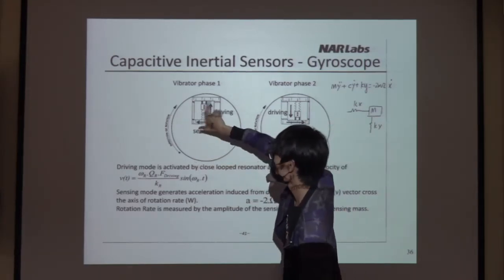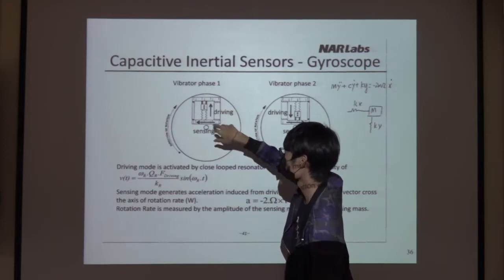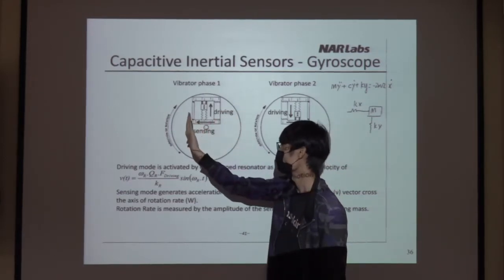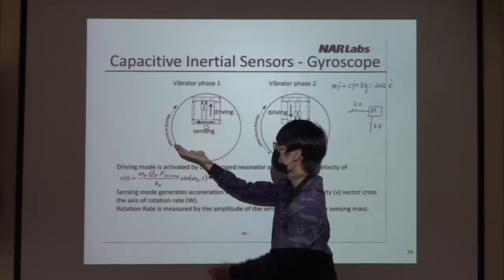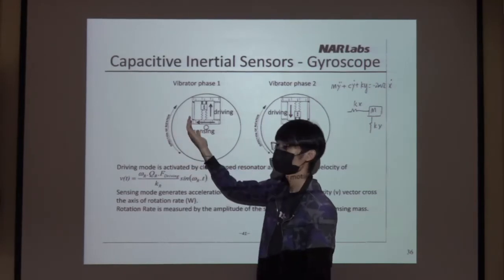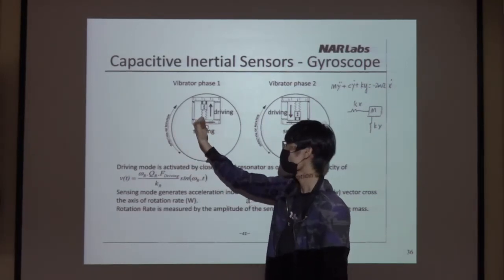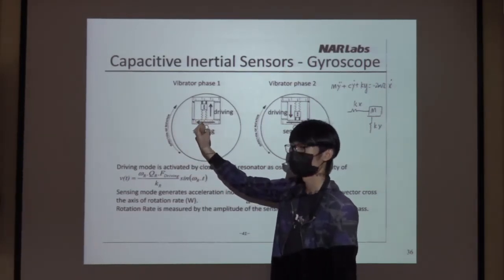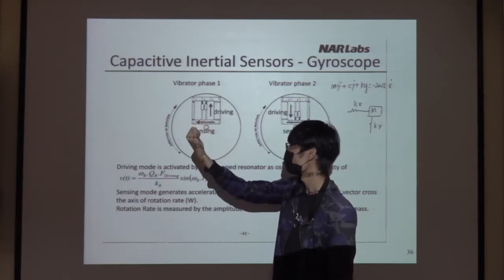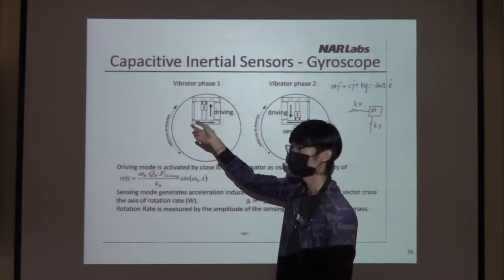So this object rotates this way, the four fingers follow the arrow, and the thumb shows the direction of omega, the angular velocity, and it goes inside the page.